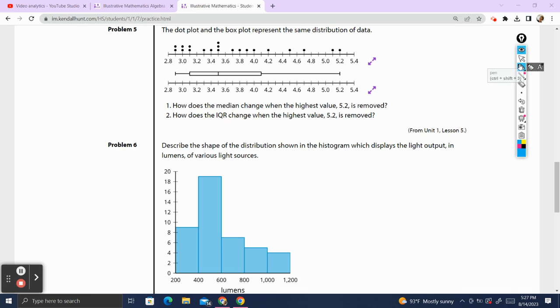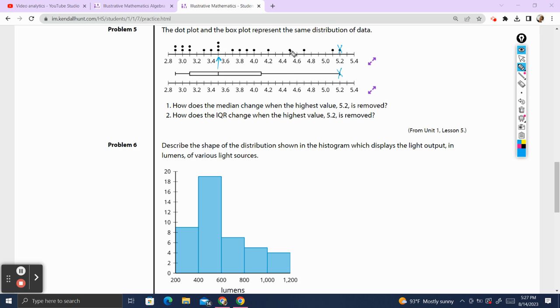So let's think about what's happening here. When the highest value, 5.2, is removed, the median, which in this case we know is 3.5, is right here. The chance that the median changes is not that much, because the median is one of these numbers in the middle.